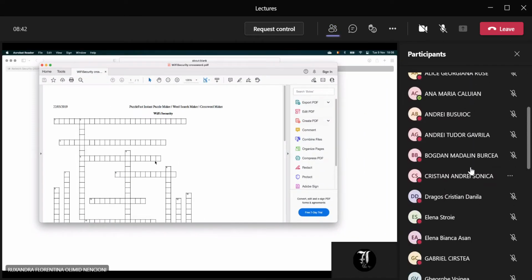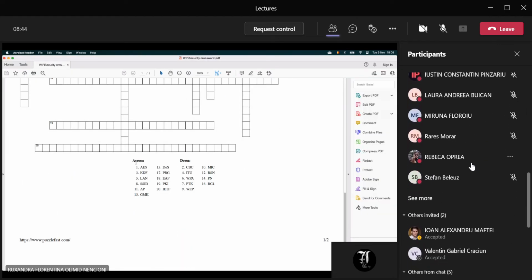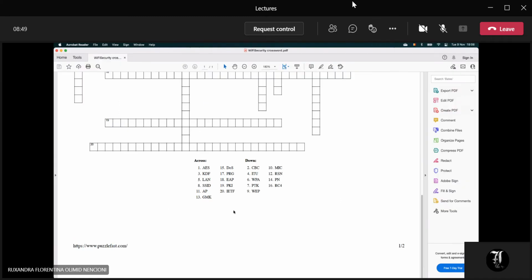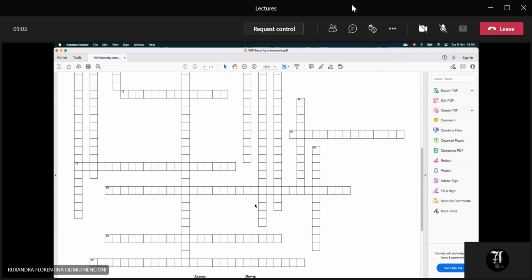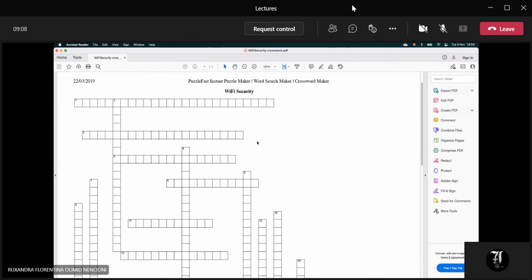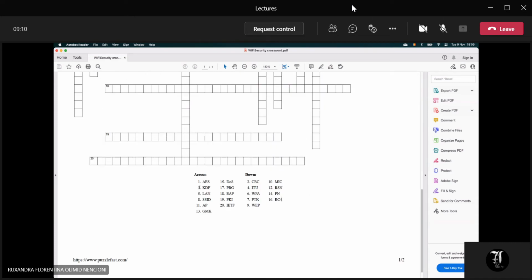A lot of acronyms are given. You need to know them, you need to understand what they are. There are some that we talked about more, some we talked about less, and some that I expect you to know from before. And you need to fill in this crossword with the full name of these acronyms.